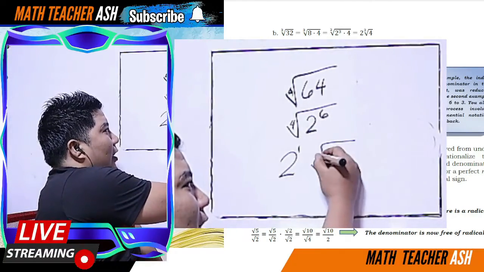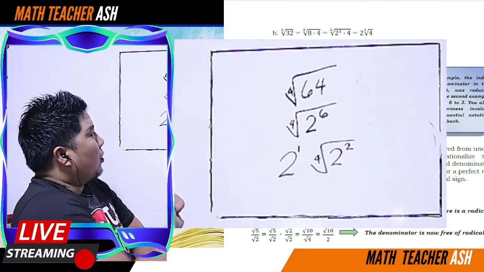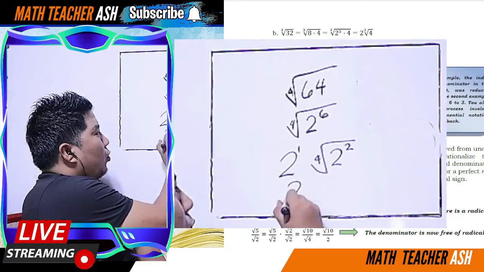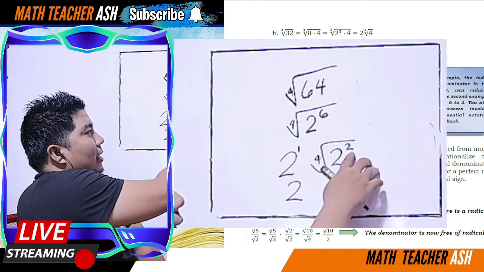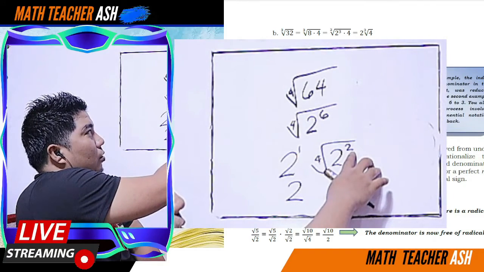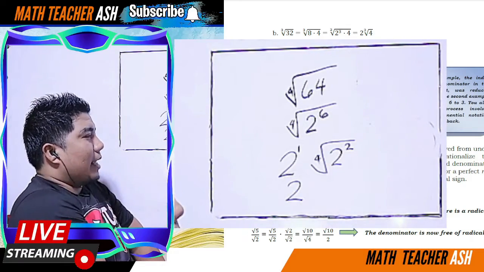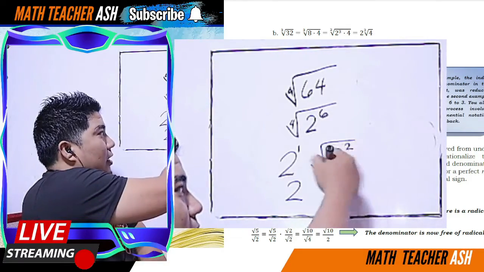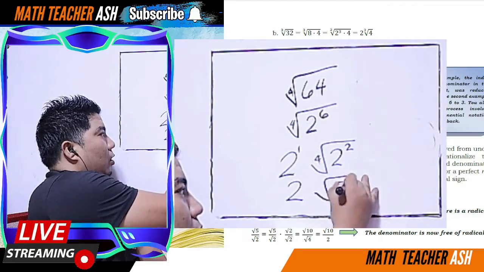So, therefore, that is fourth root of 2 squared. So now, we have 2 here, because 2 to the power of 1 is 2. And then this one, since they are factorable, tingnan nyo, okay? 2 and 4. So 2, they can be simplified because if we change this, this will become 2 over 4 and that is 1/2. So square root of 2.